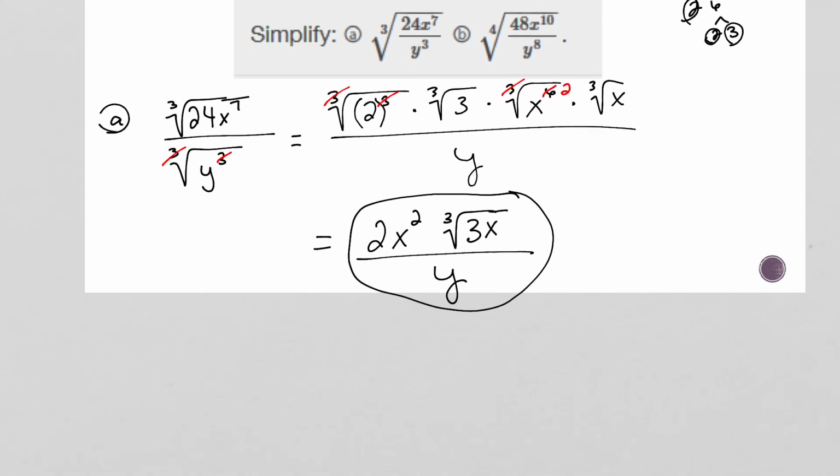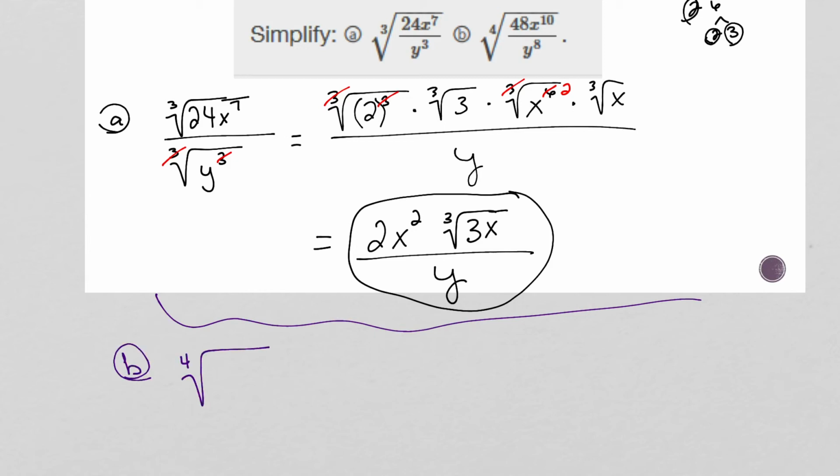All right, so let's see here, we'll do that in purple. All right, so on part B, we have the fourth root. Got to be careful in this one. I'm just going to rewrite this already just to save some space, because again, this one we can't reduce anything under the radical. There's nothing we can reduce. So let's write it as two separate roots.